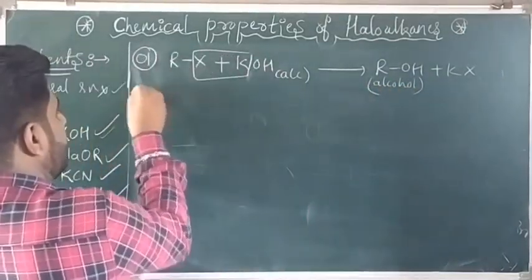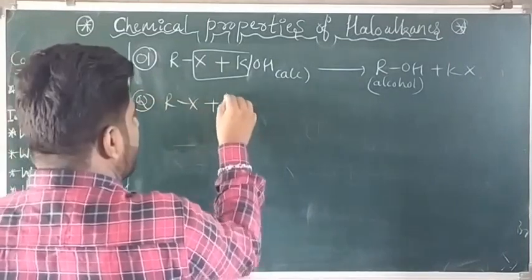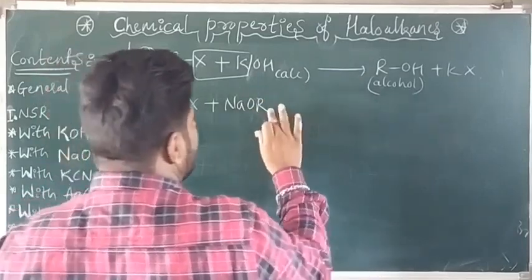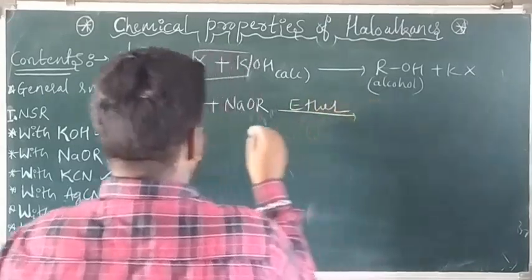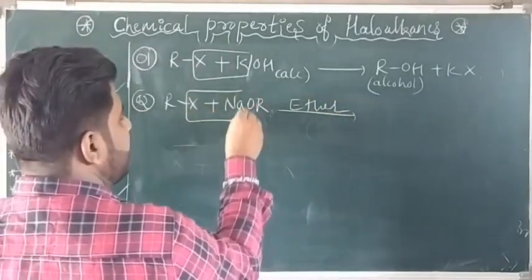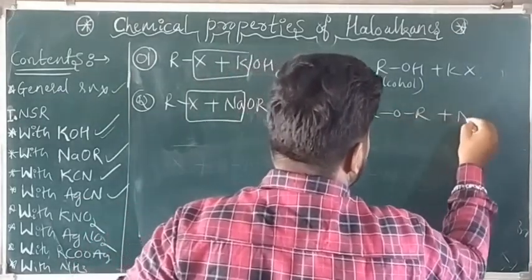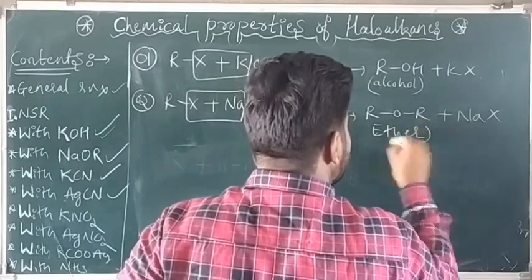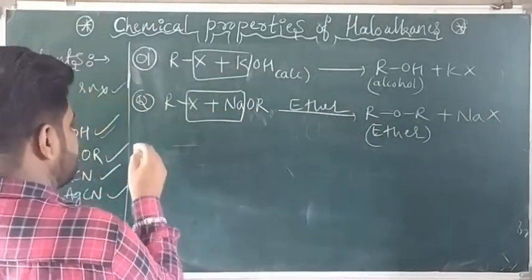Second reaction. When we treated this haloalkane with sodium alkoxide in presence of dry ether, what happens? NaX is eliminated and ROR. This is our ether molecule and sodium halide is eliminated. This is also called Williamson's ether synthesis.